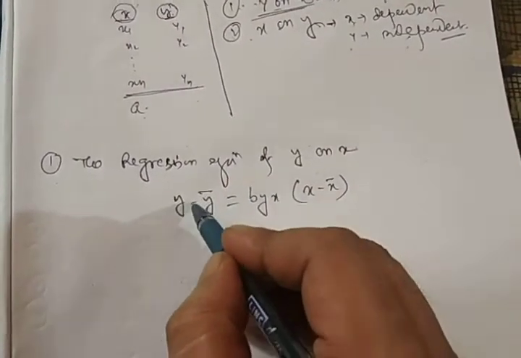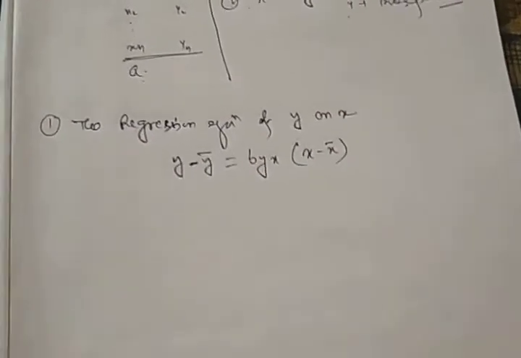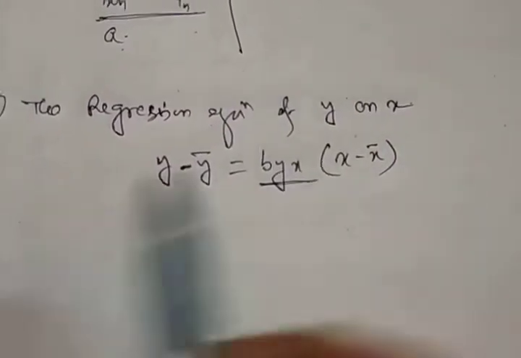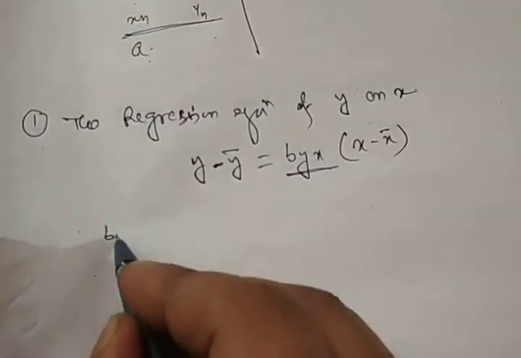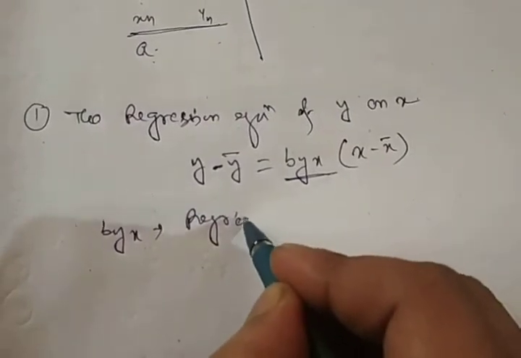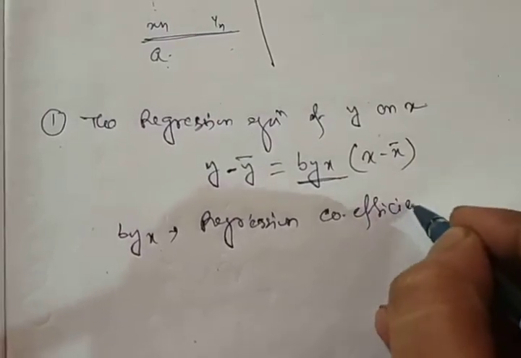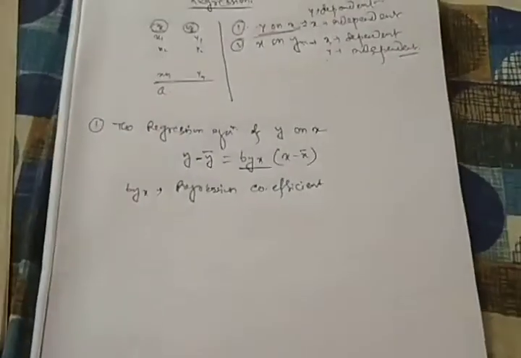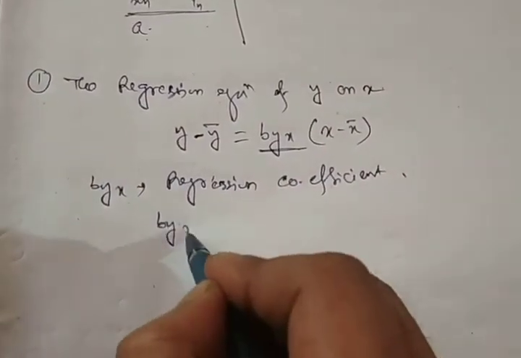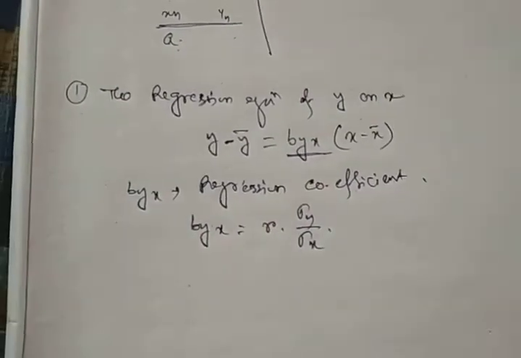We all know x bar and y bar are the mean of x and the mean of y, but we don't know this term byx. byx is called the regression coefficient, and it is defined by byx equals r into sigma y by sigma x.